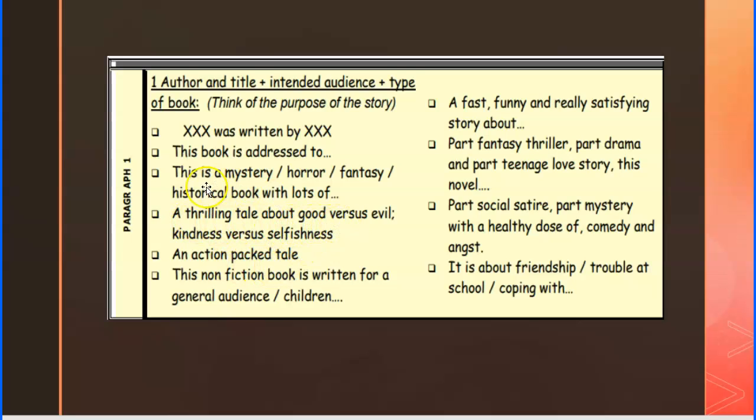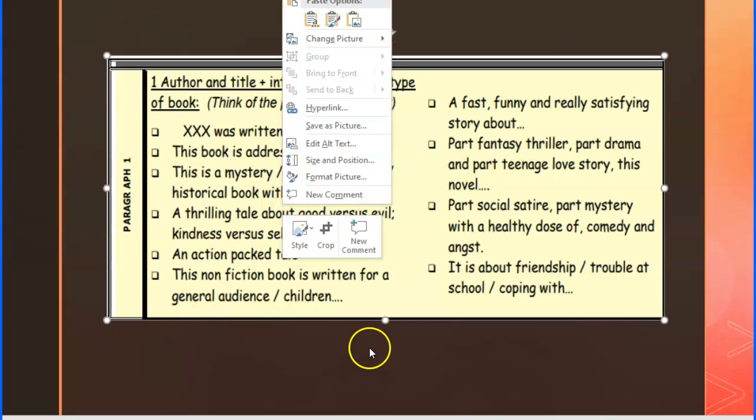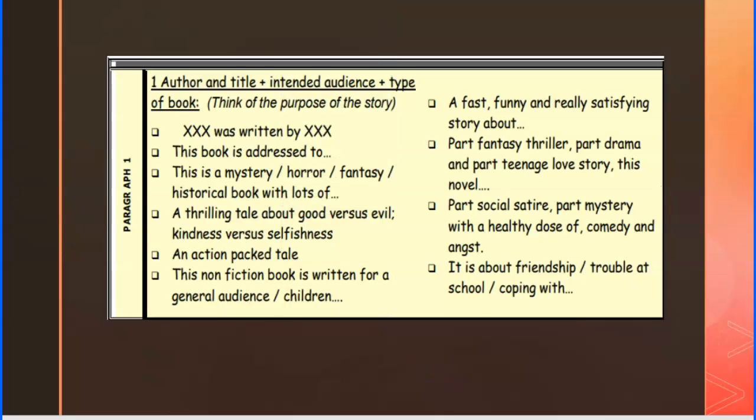This is a mystery, horror, fantasy, historical book, fast, funny, and really satisfying story, thriller. So have these in front of you, and I want to see some of that language in your body paragraphs.